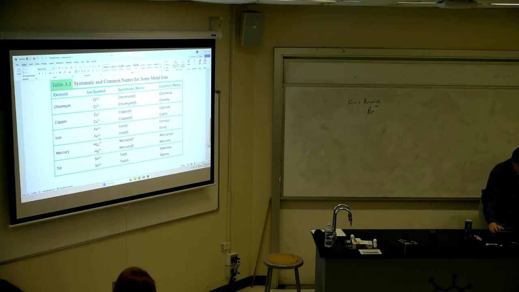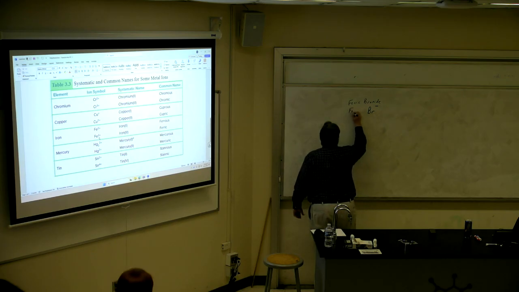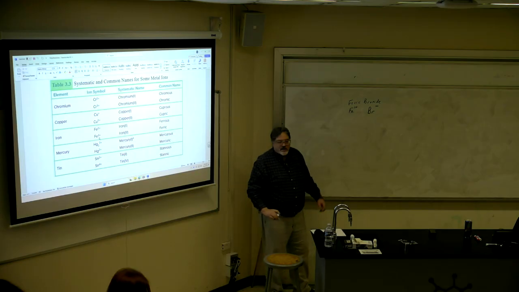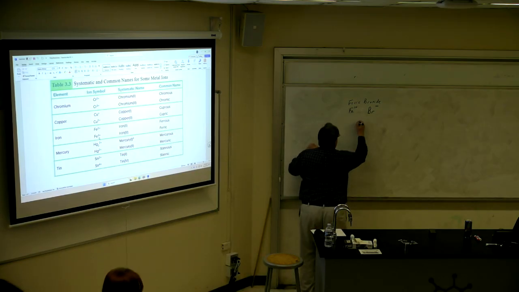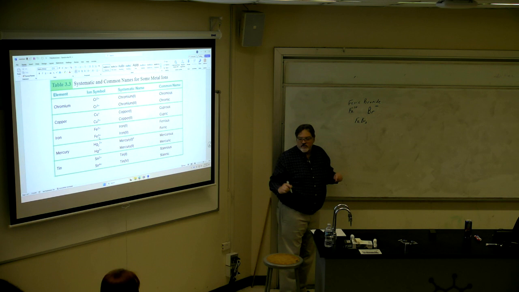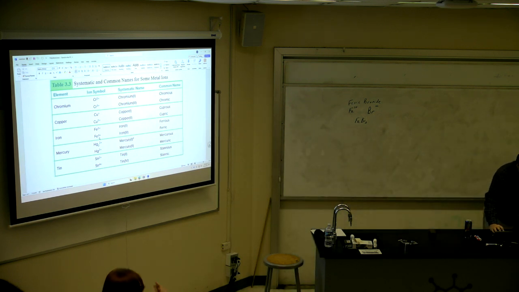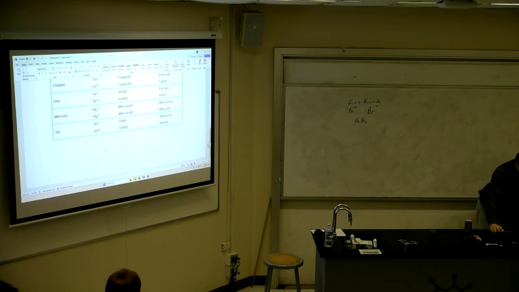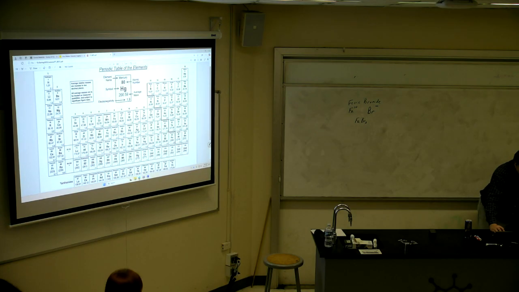Okay, ferric. So that's Fe3+. So to make this balance, I need 3 of these. Makes sense. So I would go Fe. Makes sense. I do think the confusion generally comes from the polyatomic ions. What else do I have here?